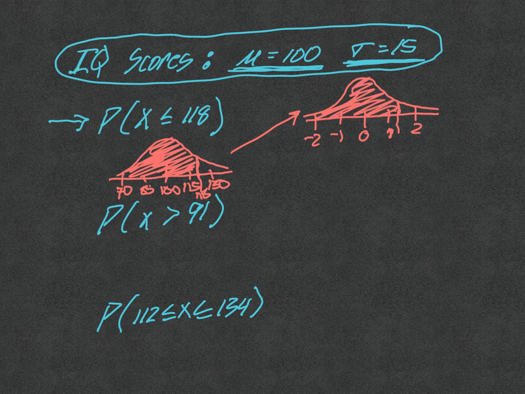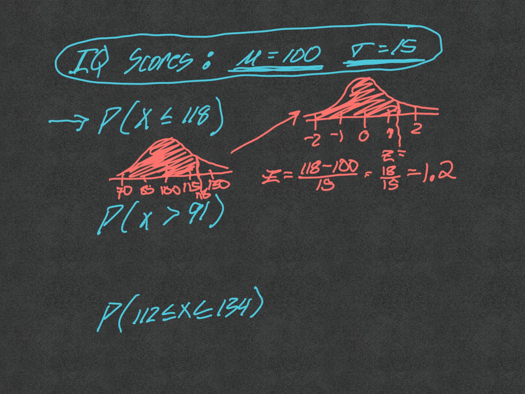But in order to find out what this z value is, I have to transform it. So that's step 2. So z is equal to the data value 118 minus the mean 100 divided by the standard deviation. And that is 18 over 15, which is equal to 1.2. All right. Now I can go look 1.2 up on the table.